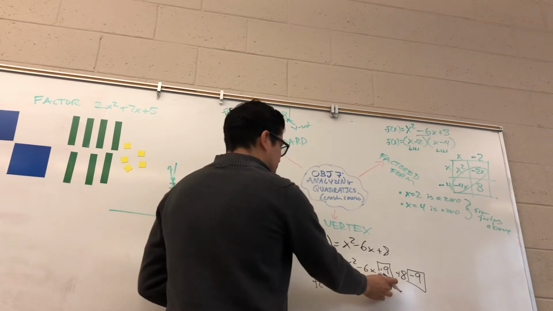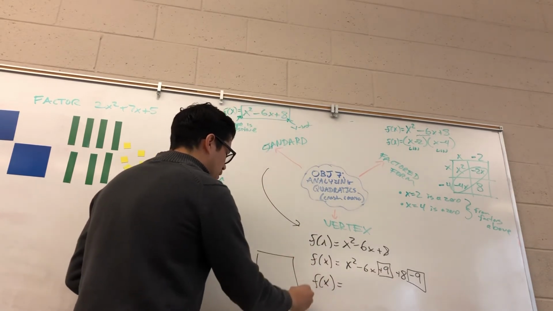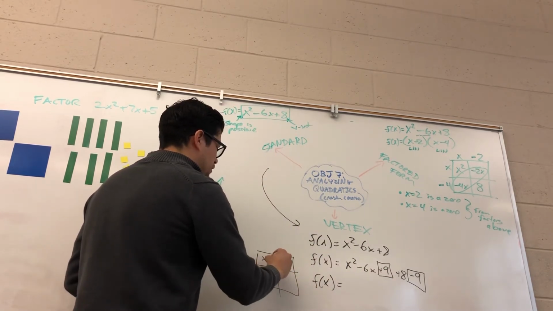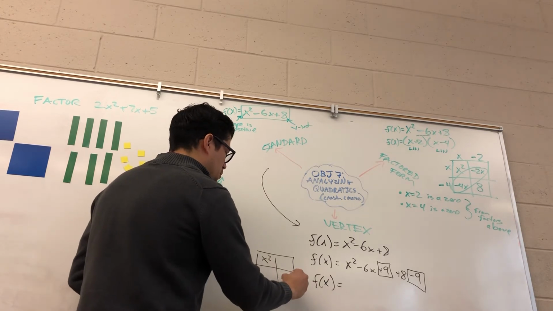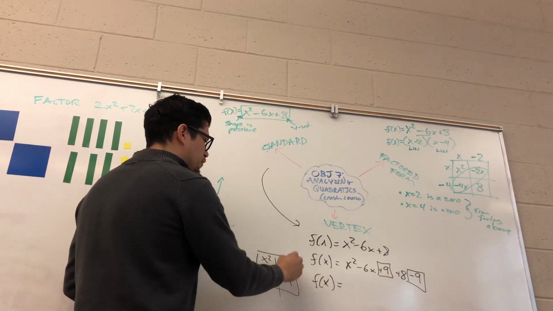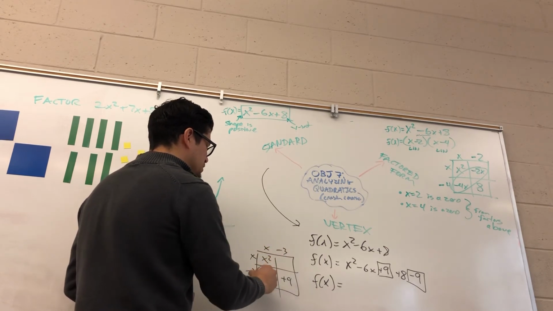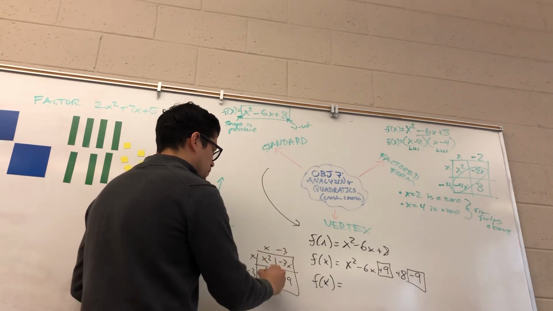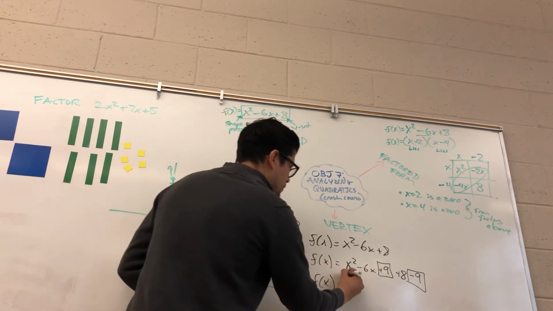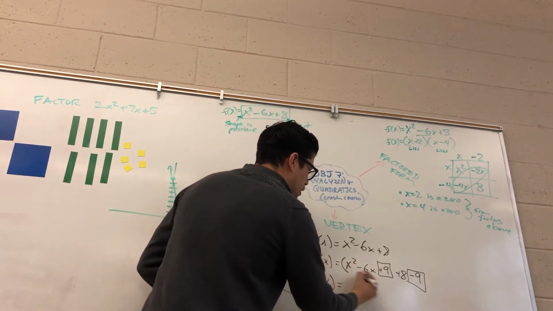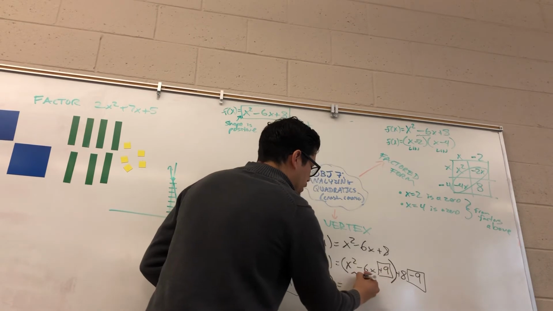Because it's x squared minus 6x plus 9, I can go right here to the side and try to factor that. I need two numbers that multiply to 9 and combine to give me -6, so that's x minus 3 times x minus 3, isn't it? That would give me this guy. I'll put it in parentheses just so we know that we're dealing with it.